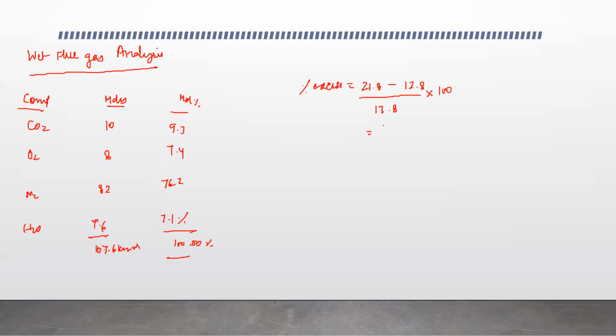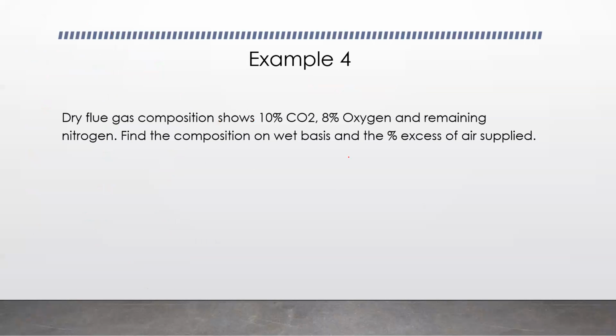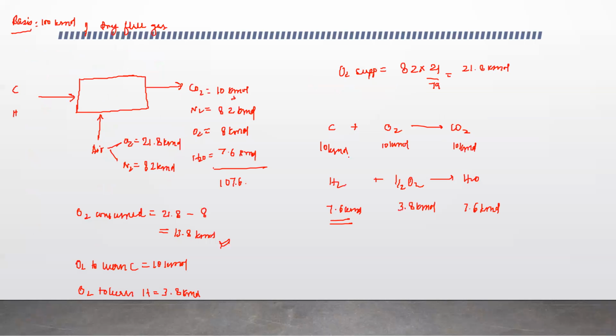That gives you the percentage excess of air as 57.97%. So I guess that's all we had to calculate in the composition on wet basis and excess.